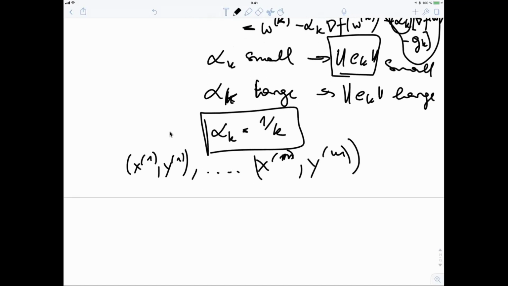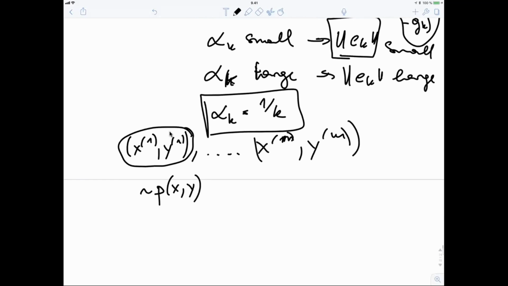So then we could think of actually that this term here is a realization of a random variable with distribution p(x,y). So this would also mean that the squared error for this first term would be (w transposed x1 minus y1) squared.